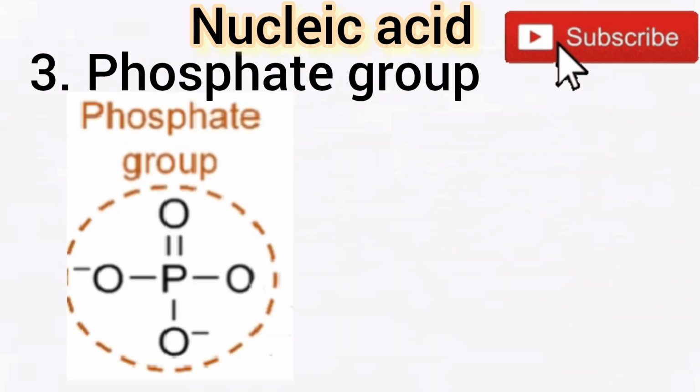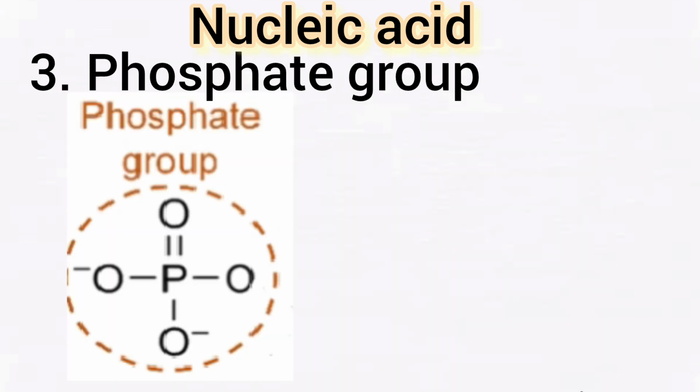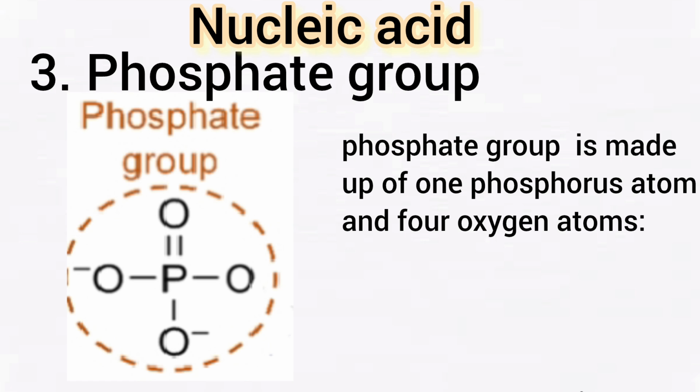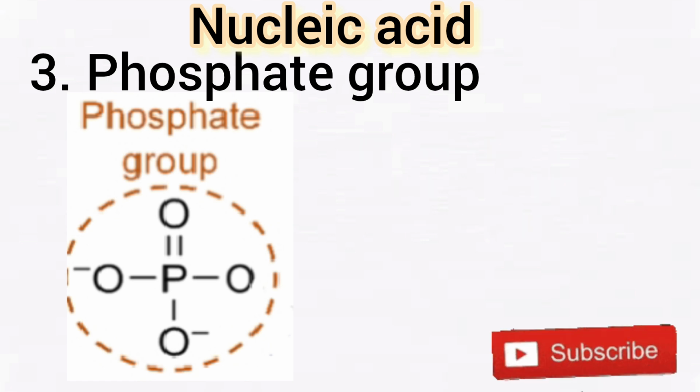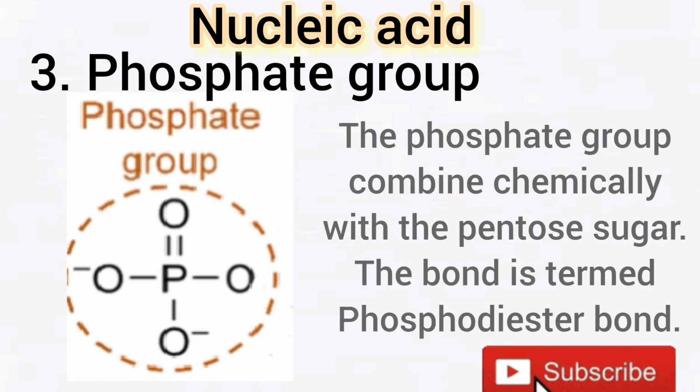Let's talk about the last group of the nucleotide, the phosphate group. As you can see from the diagram, the phosphate group comprises of 1 phosphorus atom and 4 oxygen atoms. In DNA, the phosphate group combines chemically with the sugar group of the other nucleotide to form the backbone of the DNA structure. Note that the bond is called the phosphodiester bond.